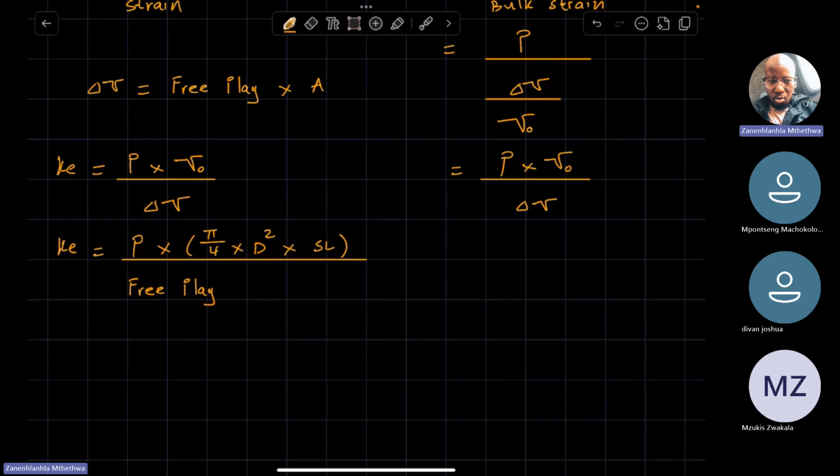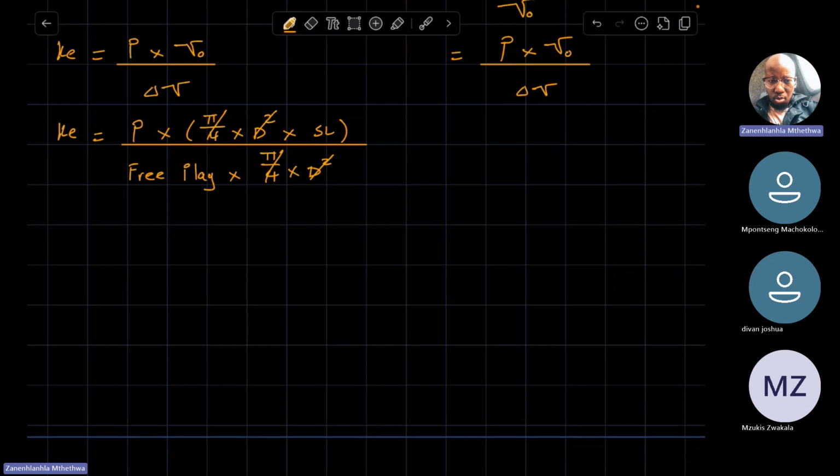And that area is equal to pi over 4 times d squared. So essentially, mathematically, that cancels with that, and this cancels with this. Hence, you would then be left with KE is equal to the pressure times the stroke length divided by the free play.